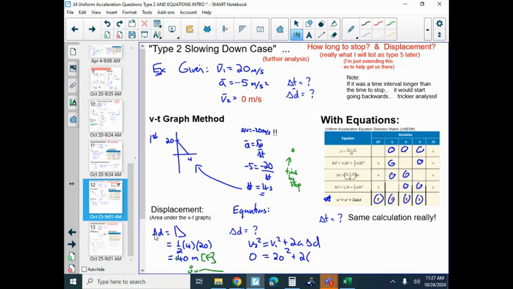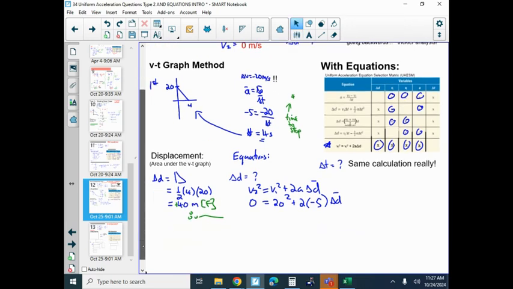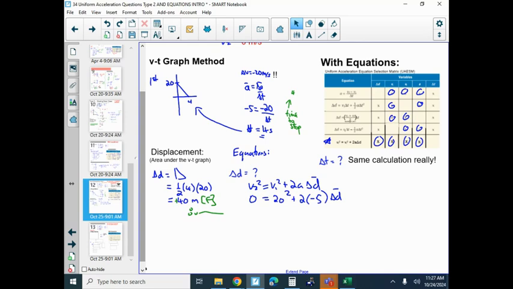So acceleration was -5, and displacement is what we're looking for. So let's see what we get. 20 squared gives you 400. We have the -10 from there, delta D. And so we take away 400 from both sides and end up with -400 over here and a -10 delta D.